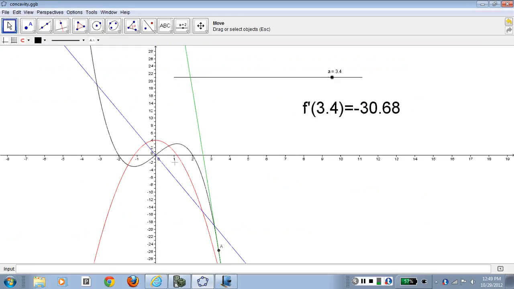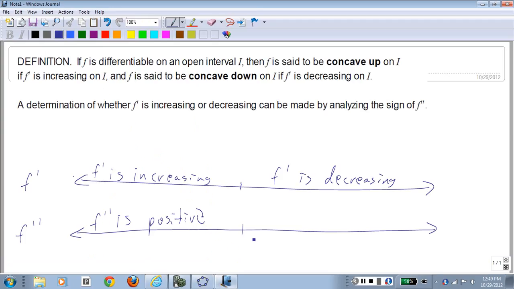And where f prime, that's the red graph again, is decreasing, f double prime is negative, below the x-axis. The blue graph, negative. F double prime is negative.